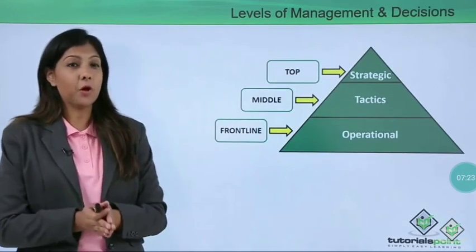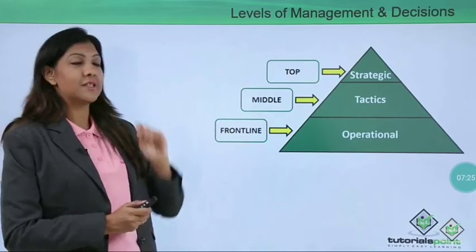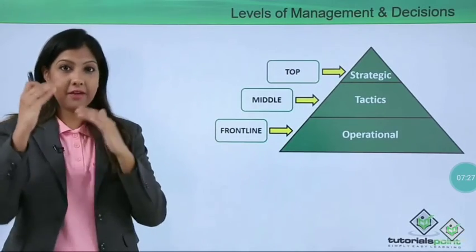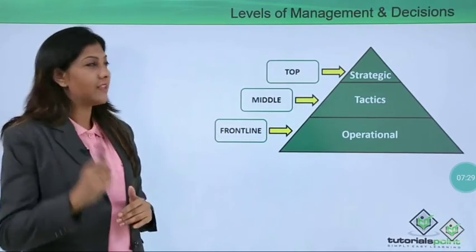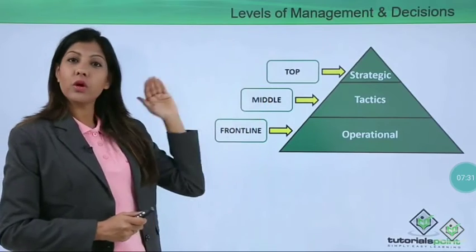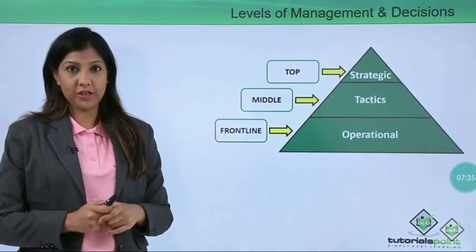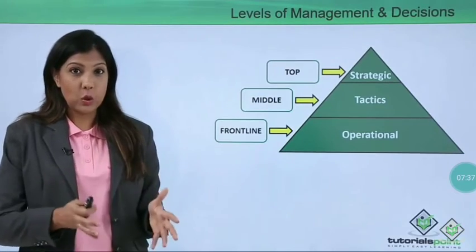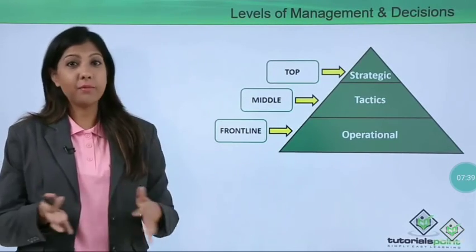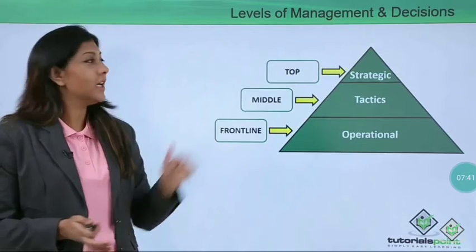Now there are different levels of management as well as the decisions that those levels of management take. For example, top management, who are sitting at the very top of the particular corporate, like the decision makers and stakeholders and founders and MDs and partners of the company.